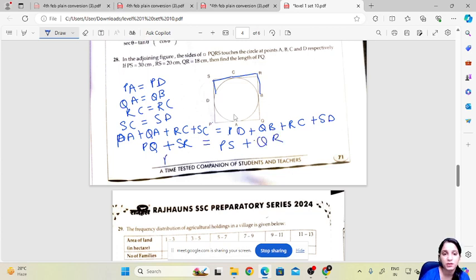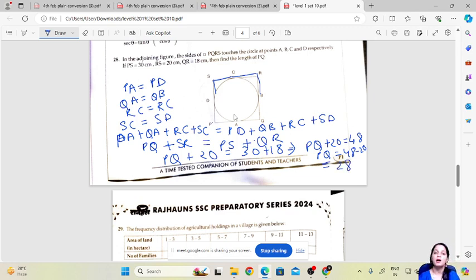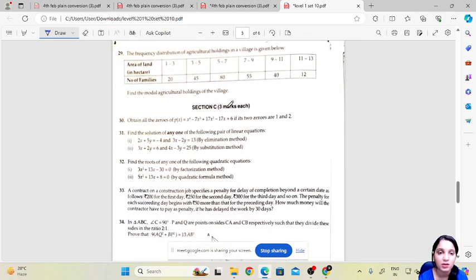So it is PQ plus 20 is 30 plus 18, because these values are given in the question. So PQ plus 20 equal to 48, PQ is equal to 48 minus 20, so it is 28. That is the answer.